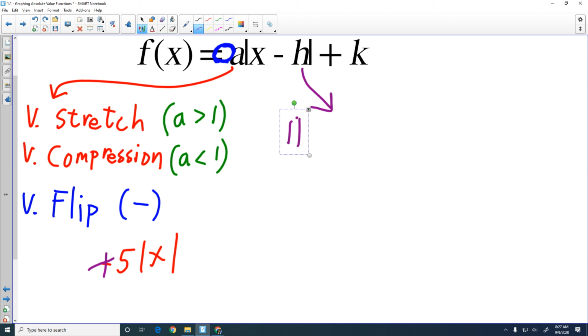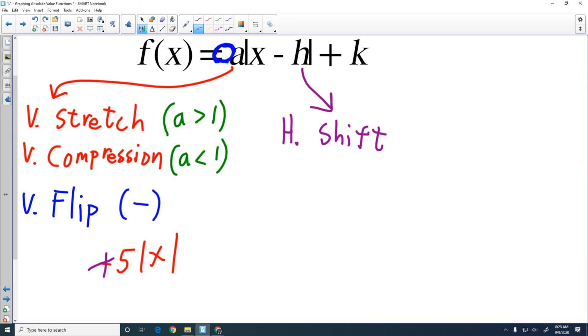So that's a horizontal or an H shift, if you want to just abbreviate that. That's a horizontal shift. It's going to move it left and right in the horizontal direction or in the X direction.